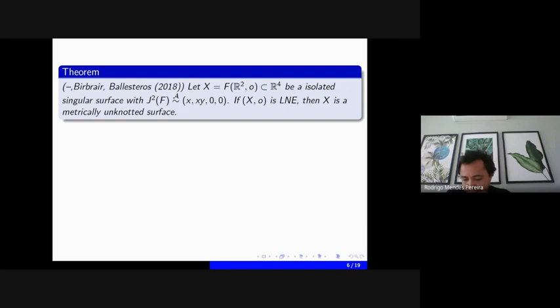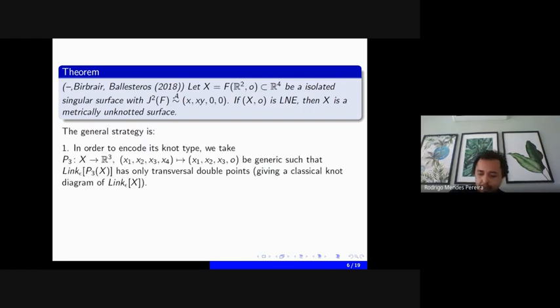In other words, you can see that with some strong condition, as in the complex case, if you take complex arcs, remember, if it is Lipschitz normally embedded, it is smooth and in particular unknotted. Then these results show that for a large kind of surfaces, this property happens also.